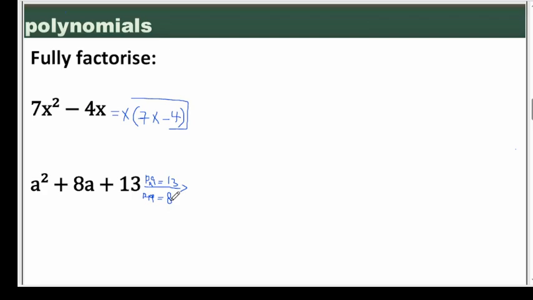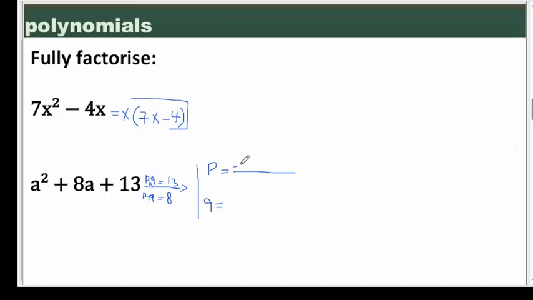I try to use two numbers like this. So I say P would be, I use the discriminant formula, negative b, the coefficient of a, that would be 8.